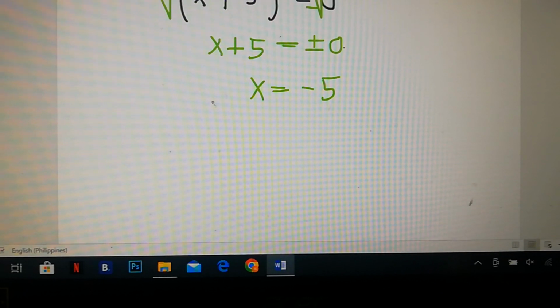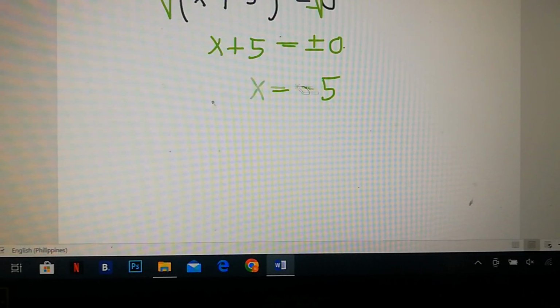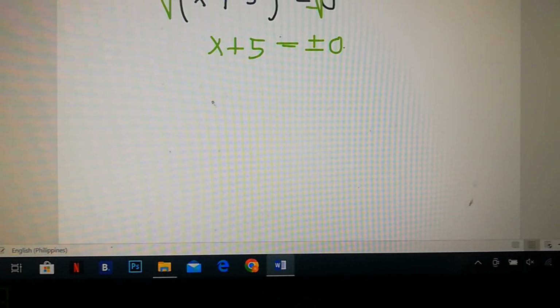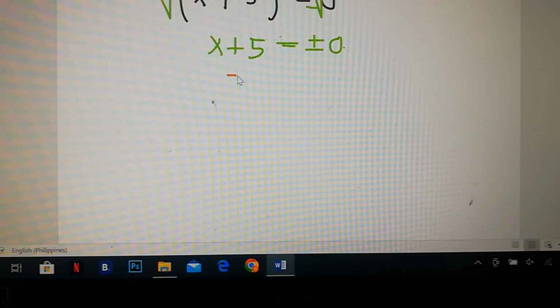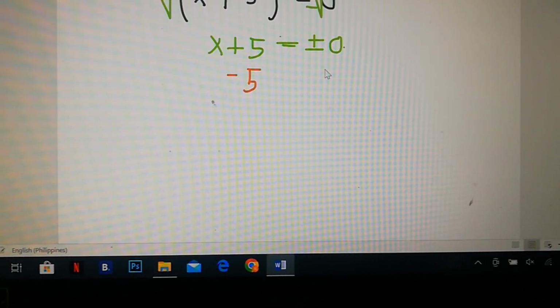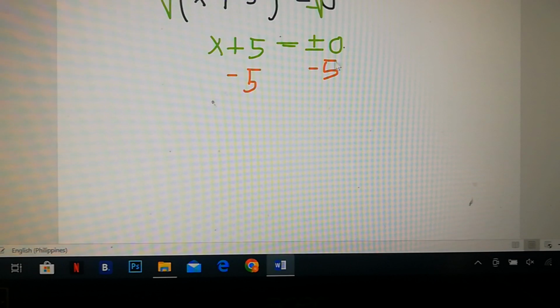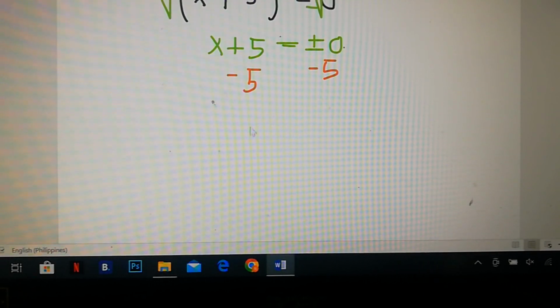Or simply you use this type of method: minus 5, minus 5. So x is equal to plus or minus 0 minus 5.